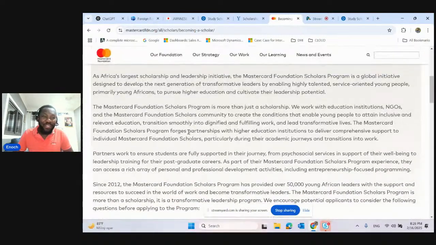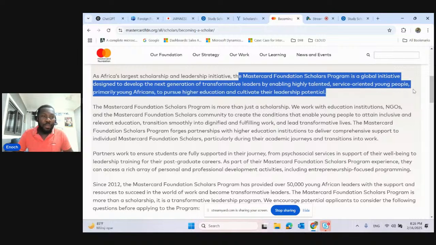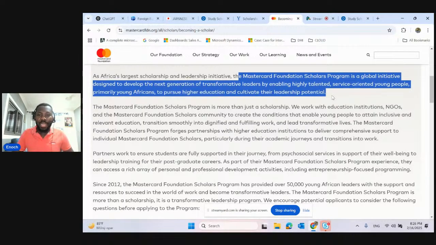I'm not going to read everything because it will be quite boring. It offers the largest scholarship to Africans. As Africa's largest scholarship and leadership initiative, the Mastercard Foundation Scholars Program is a global initiative designed to develop the next generation of transformative leaders by enabling highly talented, service-oriented young people, primarily young Africans, to pursue higher education and cultivate their leadership potential.